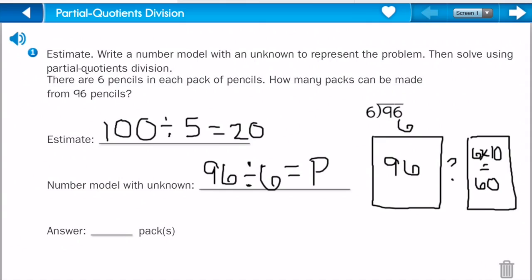Because I'm trying to figure out how many pencils can fit in the packs. And so I'm trying to get as close to 96 as I can without going over. So I know that that's 60. So now what I'm going to do over here is I'm going to take 96 minus 60, and I get 36, okay?